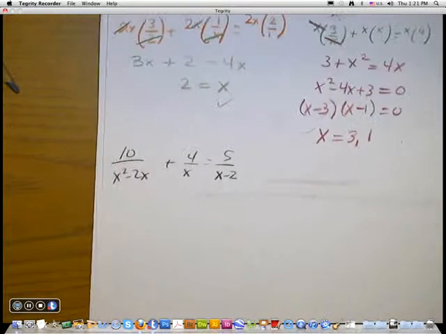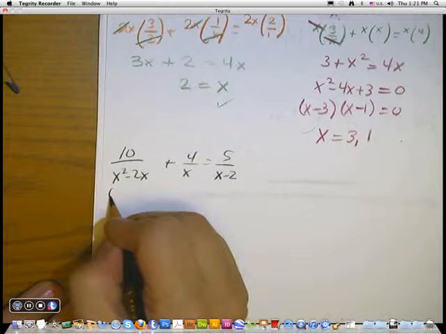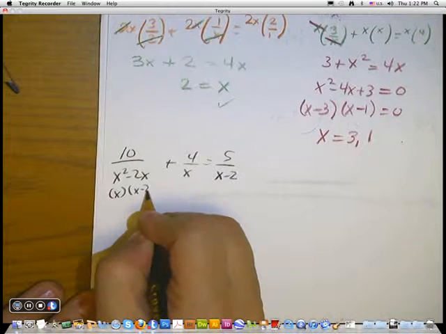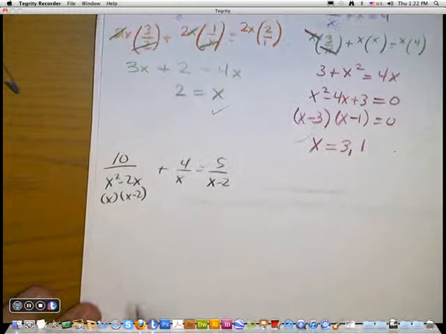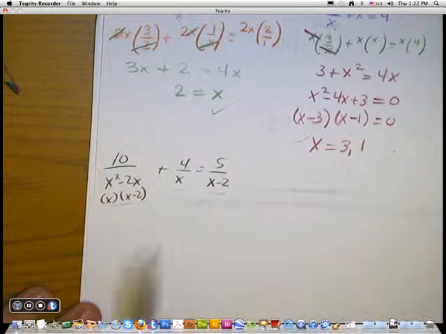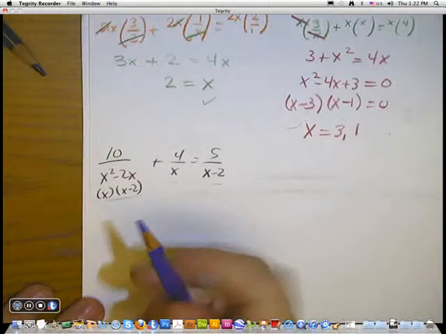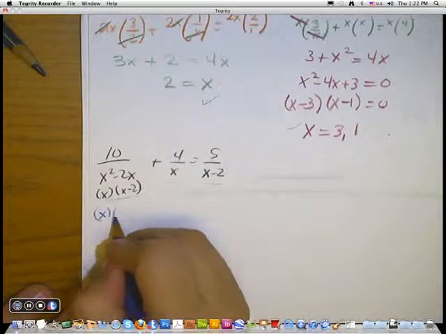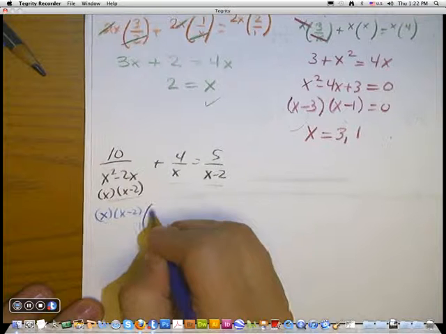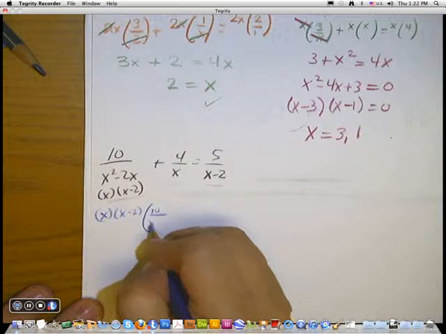Alright, now when it comes to here, I need to consider factoring. Like always, factor, factor, factor, factor. This, when I factor, is x and x minus 2. Well, those are pieces of the ones I already have. Therefore, that's all I need. I need to multiply by x and x minus 2 to everything.